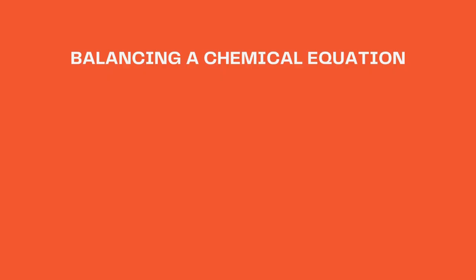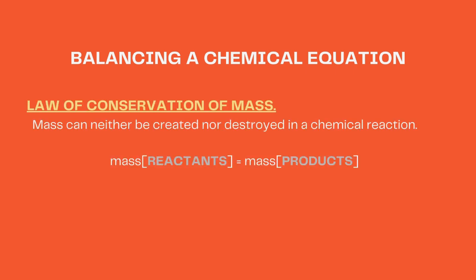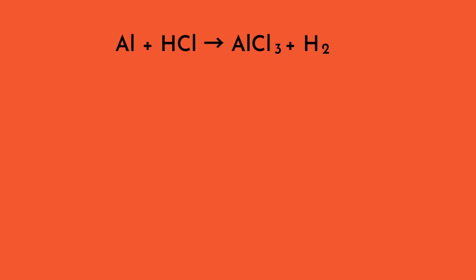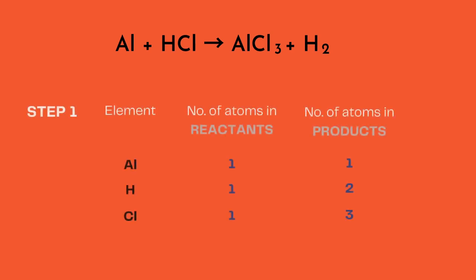So how do you balance a chemical equation? Now we have all studied about the law of conservation of mass, which states that mass can neither be created nor destroyed in a chemical reaction. We'll take an example. Al plus HCl gives AlCl3 plus H2. We are supposed to balance this equation. Step 1. So what do we do here?